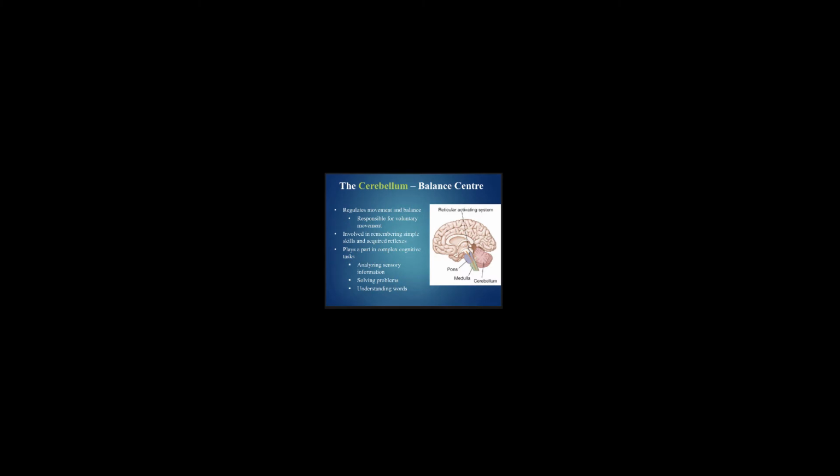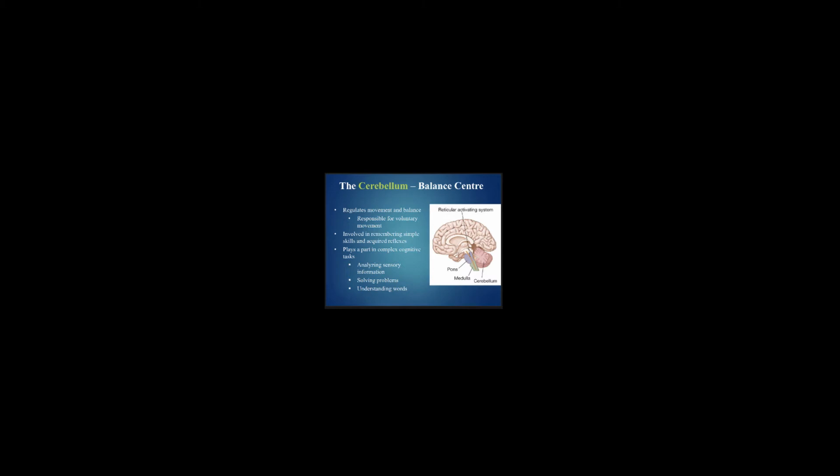We can then move up to look at our cerebellum. Now our cerebellum is this wonderful cauliflower-shaped structure at the back of our brain here. It is important for motor movements.